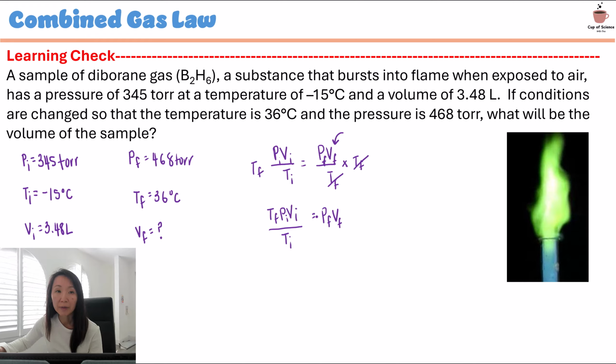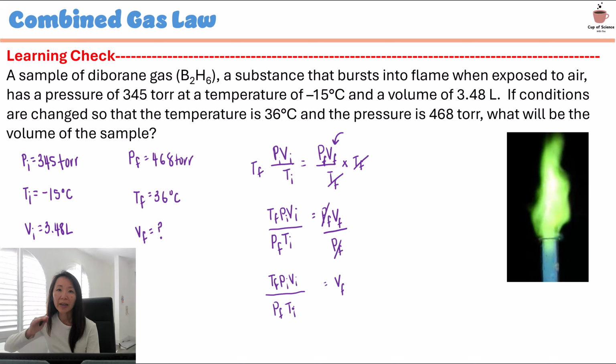How about the PF? I'm going to divide by PF on both sides, meaning I'm going to place the PF on the bottom. So that will cancel this. So my V final is equal to TF PI VI all over PF TI.